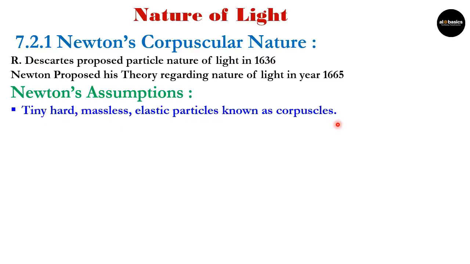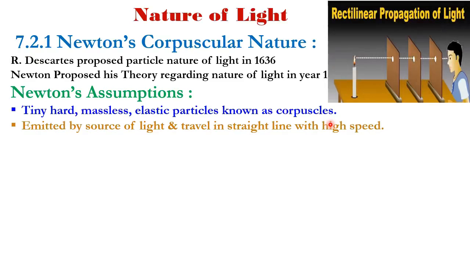Now you might have understood why it is known as Newton's corpuscular theory. He considered light to be in the form of very, very small particles known as corpuscles. The second thing he assumed, based on rectilinear propagation of light, is that light travels in a straight line. This you have studied at your school level.